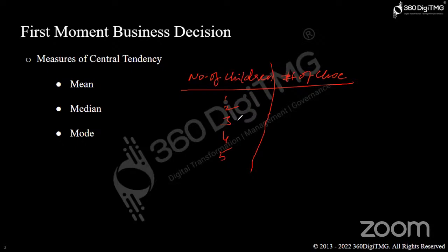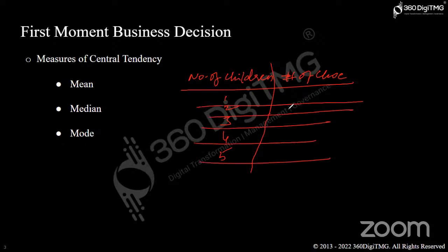I like the second child the most, so I give 6 chocolates, 2 chocolates, 3 chocolates, 4 chocolates, and again 3 chocolates. So 10, 13, 16, 18. 18 chocolates have been distributed to the 5 children.